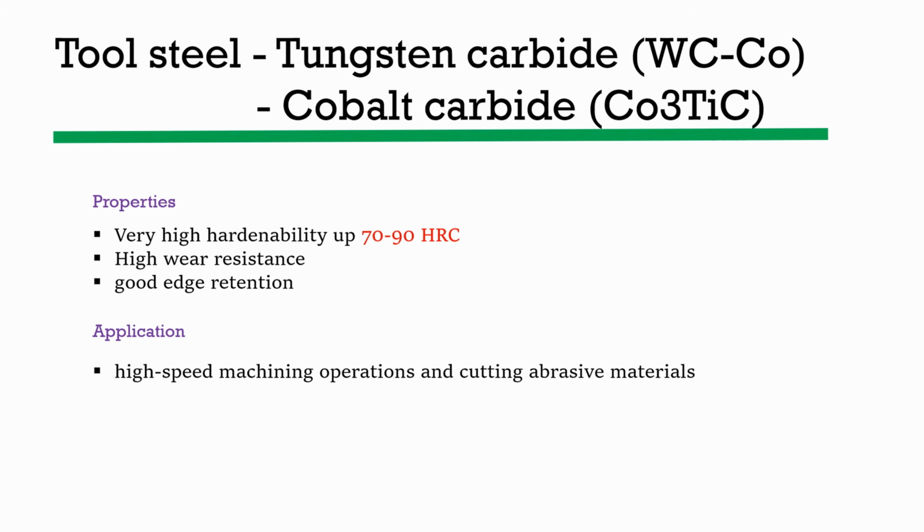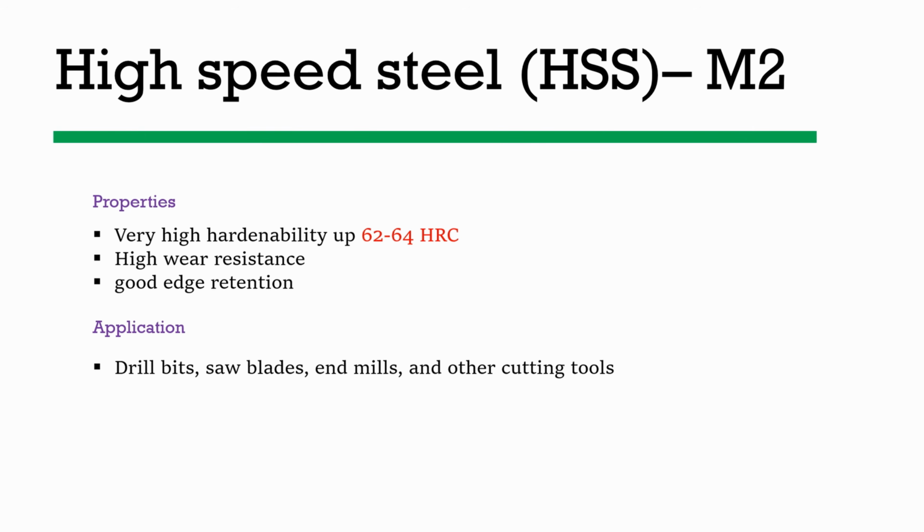Tool steel like tungsten carbide and cobalt carbide having extremely high hardenability, typically 70 to 90 HRC, ideal for high-speed machine operation and cutting abrasive material. High-speed steel HSS like M2 having very high hardenability up to around 60 to 64 HRC and can be used in drill bits, saw blades and end mills and other cutting tools.